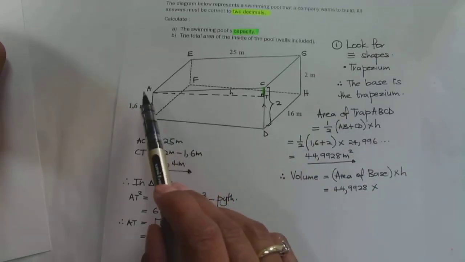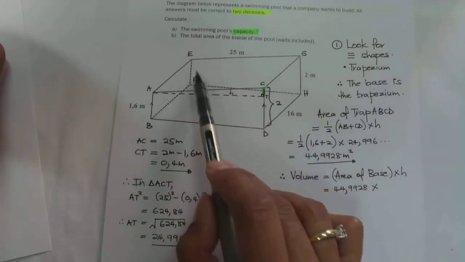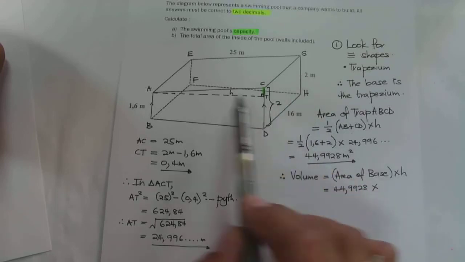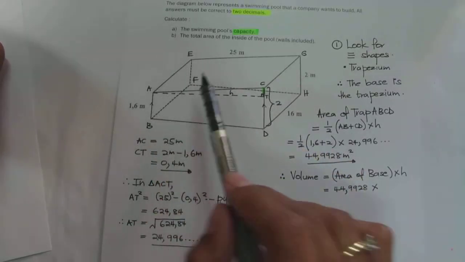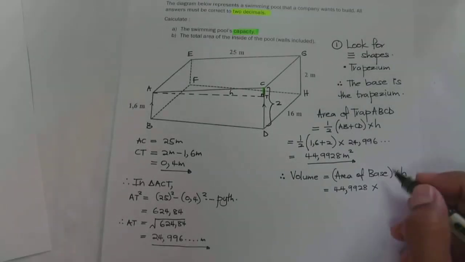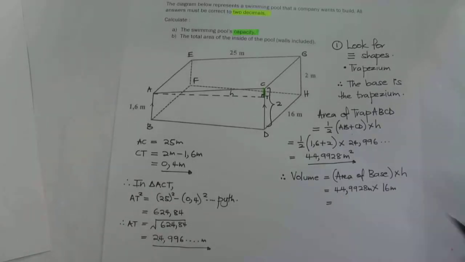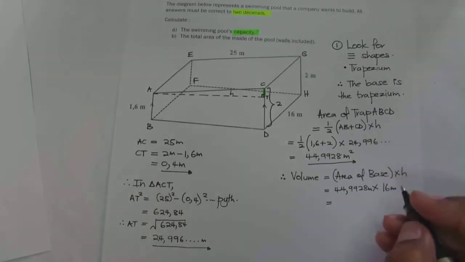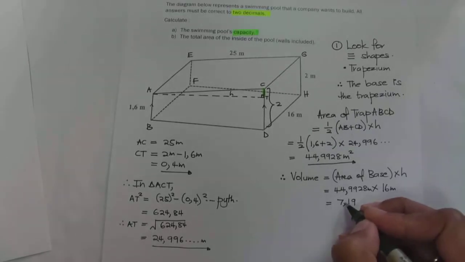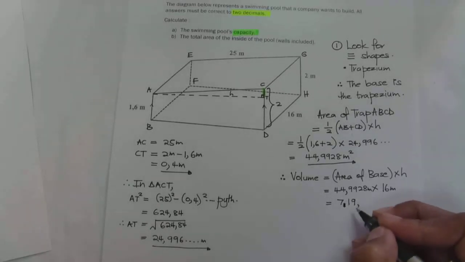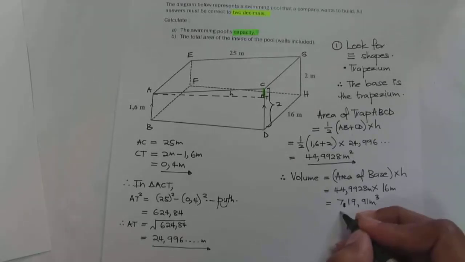What is the height? So there's our trapezium here. There's our congruent identical trapezium there, which means it's projected in that direction by that length across. So therefore our height is the 16 meters. And that gives us 719,91 meters cubed.